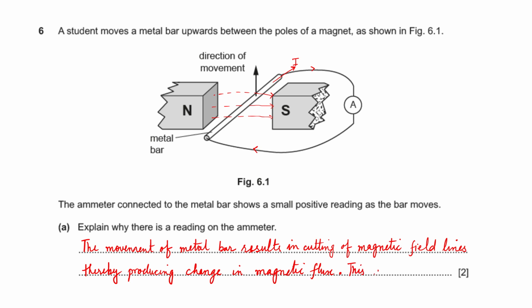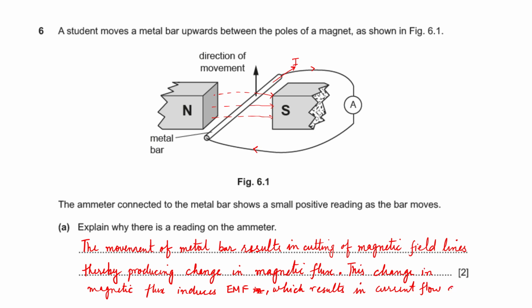This change in magnetic flux induces EMF, which results in current flow across the bar, and that current flow is detected by the ammeter.